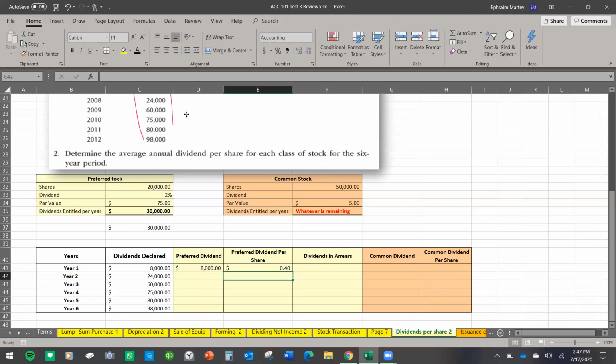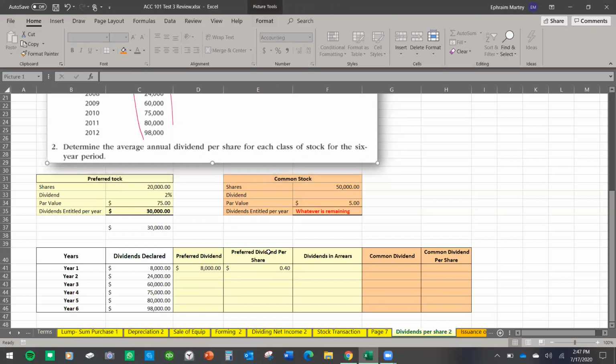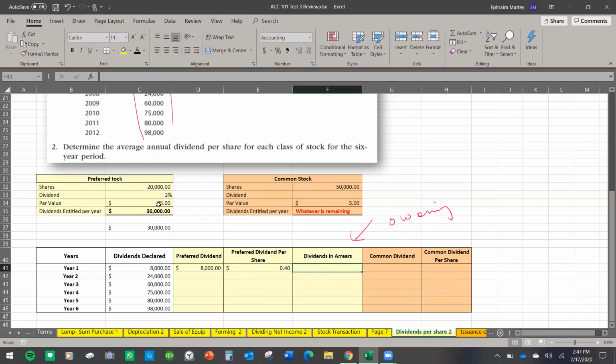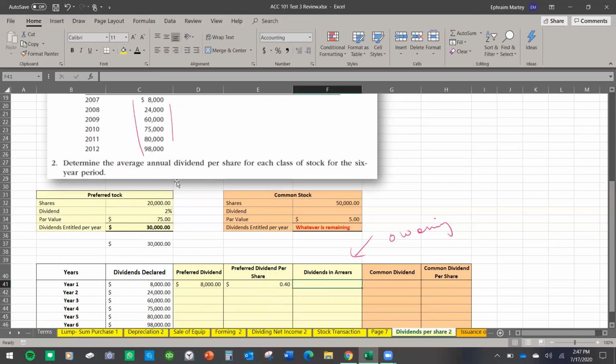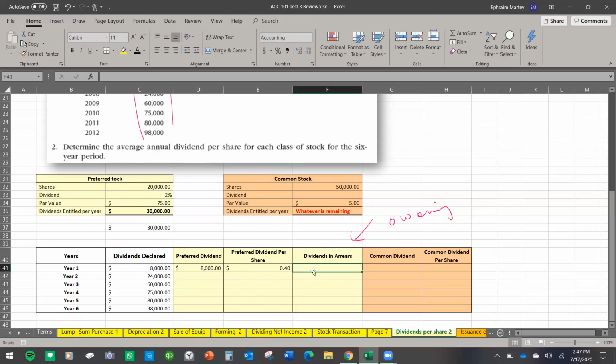So each preferred stock shareholder will get $0.4. Arrears just means how much we are owing them. We needed to pay them 30,000, but we were only able to pay 8,000. So we are owing them how much we needed to pay them minus how much we have paid them, which is 22,000.